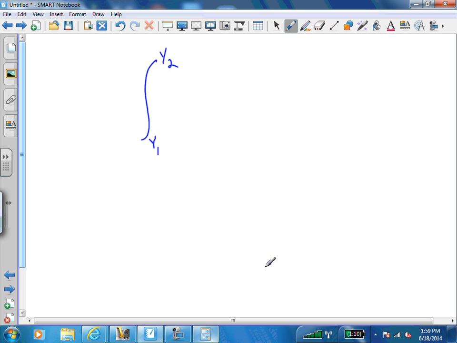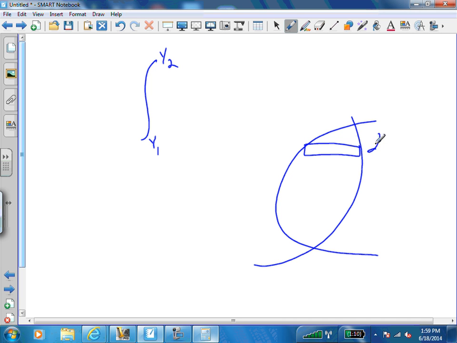We're just going to sketch two functions, or two curves. If we're doing dy, it's going to be the one on the right minus the one on the left. Always notice what variable this is.